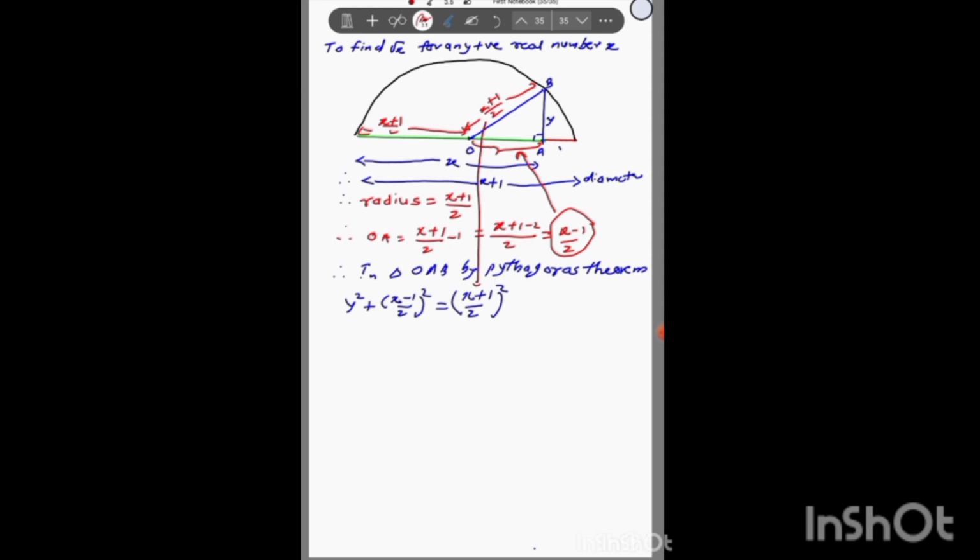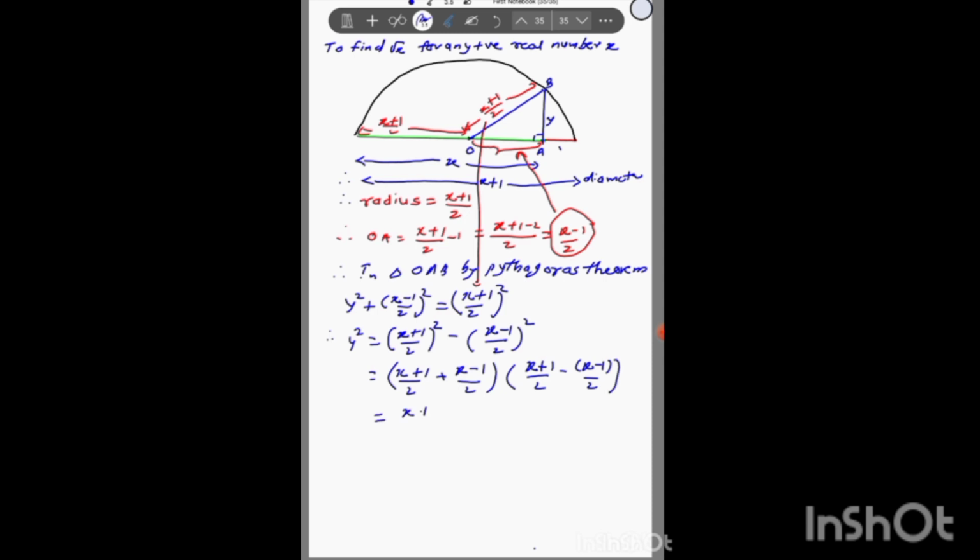Got it? Then we rearrange this and get y square equal to, we take the left hand side value to the right hand side and subtract it. Now here you use the identity a square minus b square as shown in the earlier example, and you ultimately get x plus 1 divided by 2 plus x minus 1 divided by 2, the first quantity, and x plus 1 divided by 2 minus x minus 1 divided by 2. These are very simple calculations.